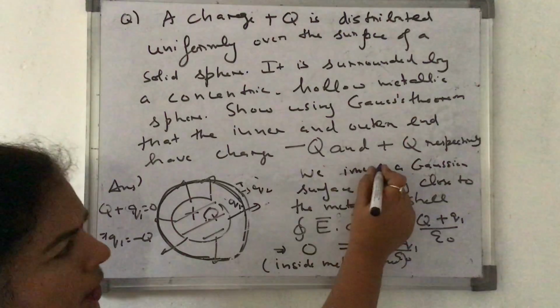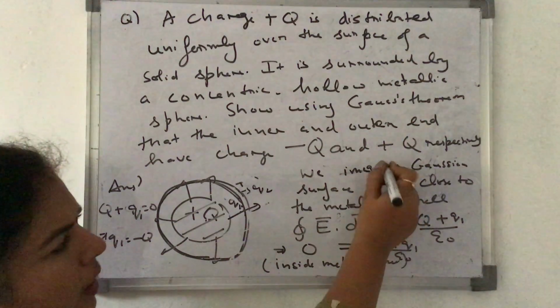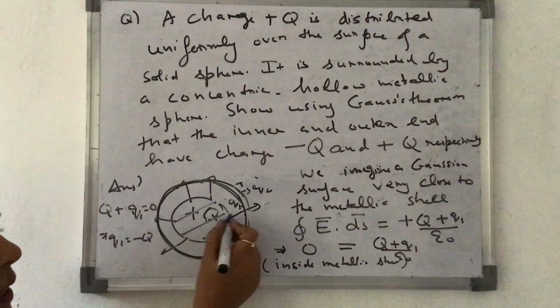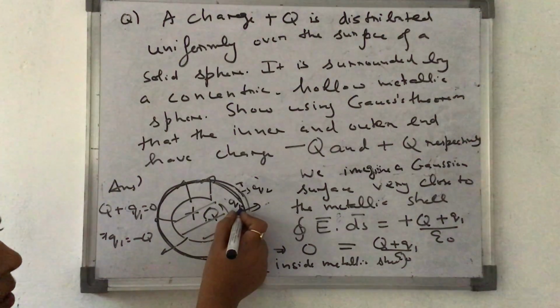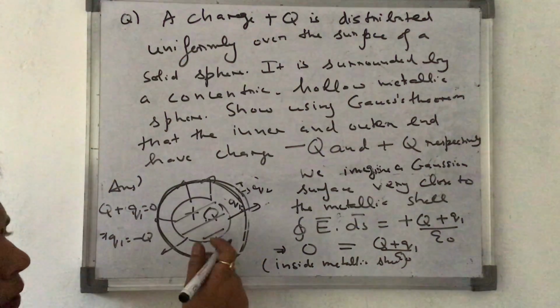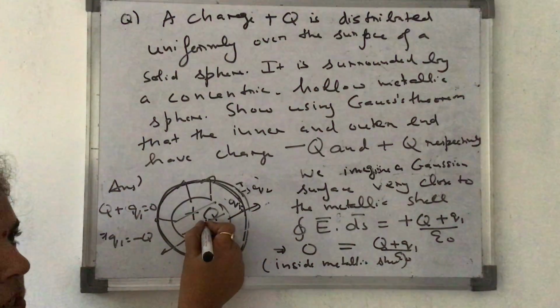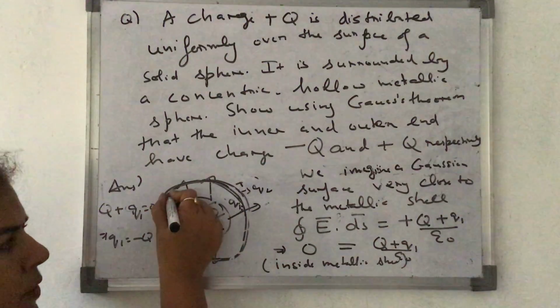We imagine a Gaussian surface very close to the metallic shell, so that the charge on it is Q1. So what is the charge on it? Q1, and this charge is Q. So what is the total charge enclosed inside this Gaussian surface?